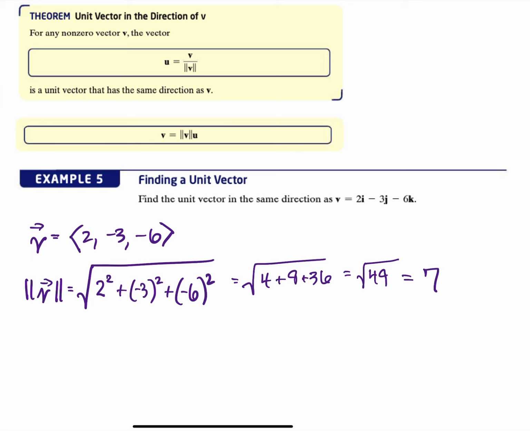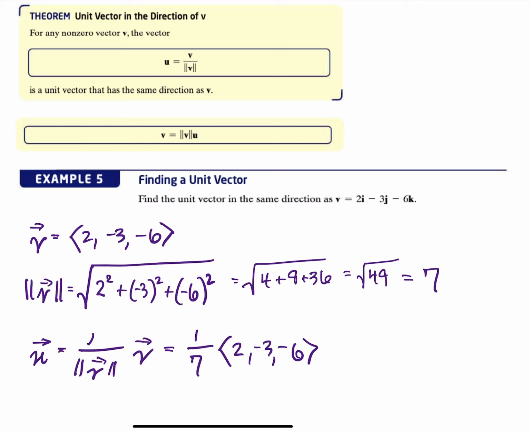So that means our unit vector in the direction of v should be 1 over the magnitude of v times the vector v. So that would be 1 over 7 times our vector 2, negative 3, negative 6. So everything will be divided by 7. So that would give us 2 over 7, negative 3 over 7, negative 6 over 7.